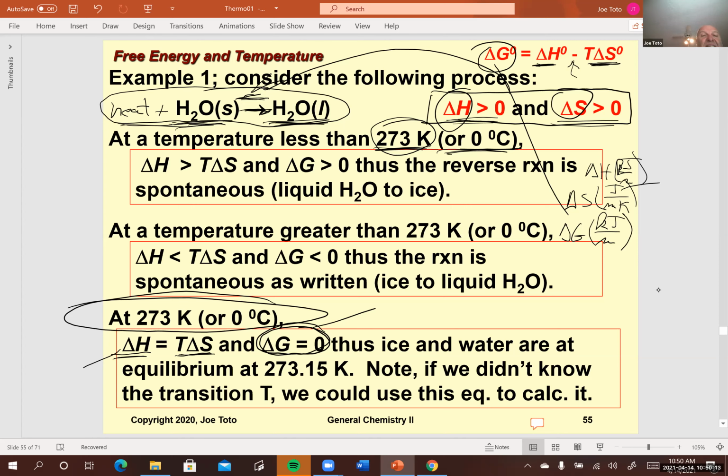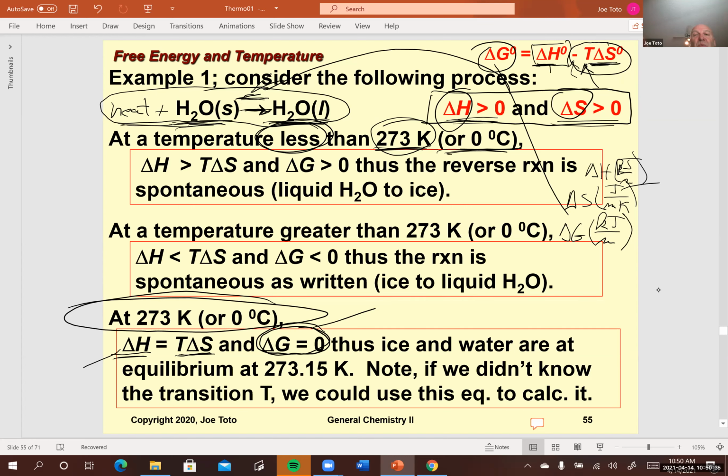Now, at temperatures less than 273 degrees, that means this value here for temperature is smaller now. So that means that this term is smaller than this term and opposite in sign.